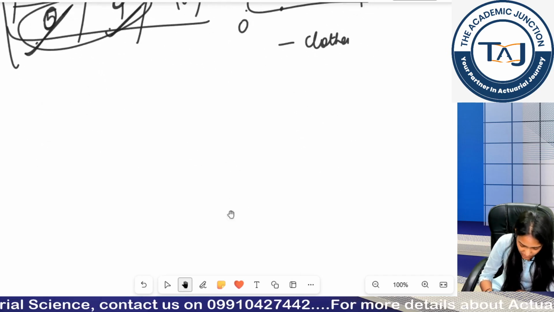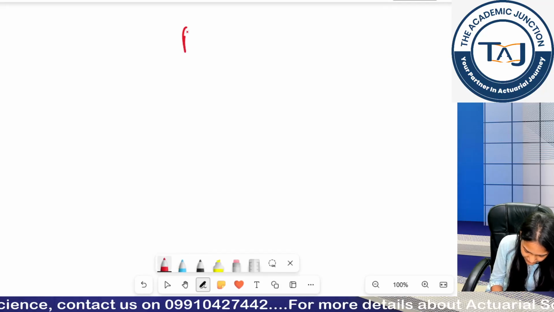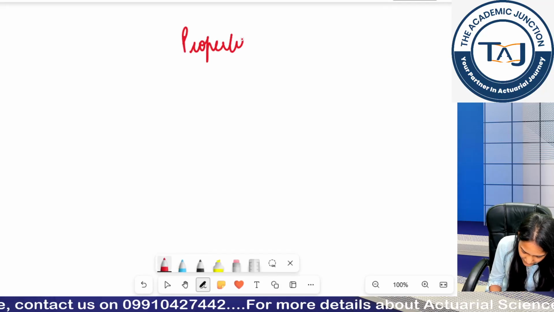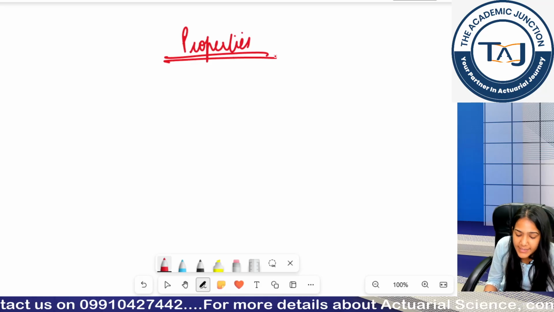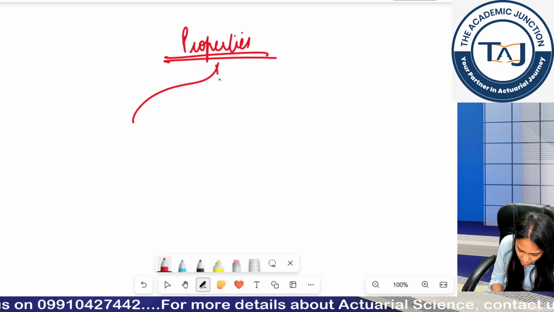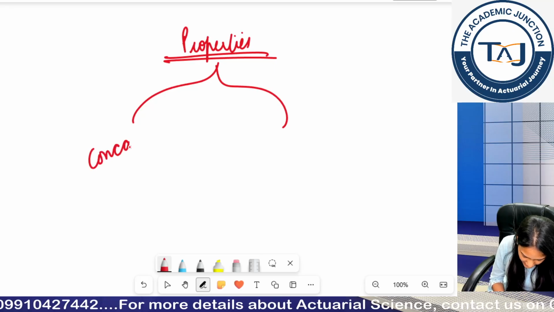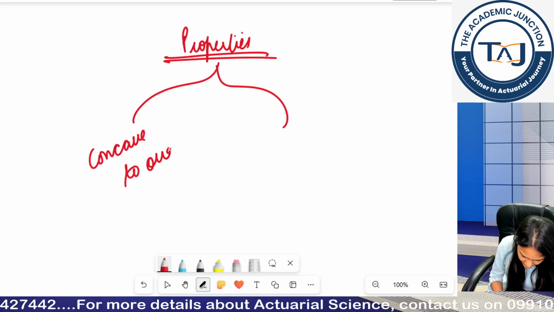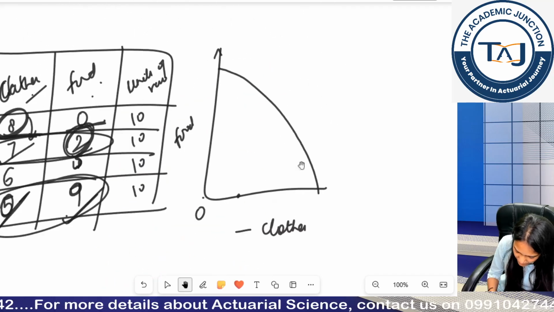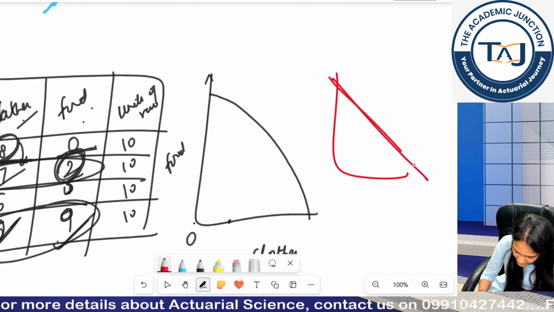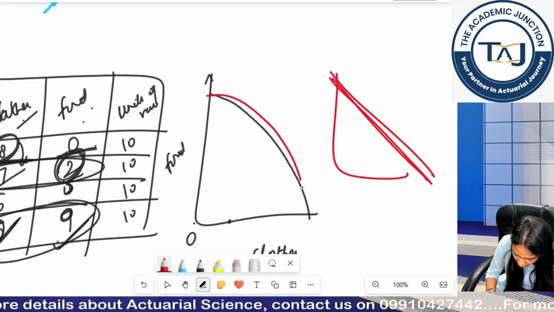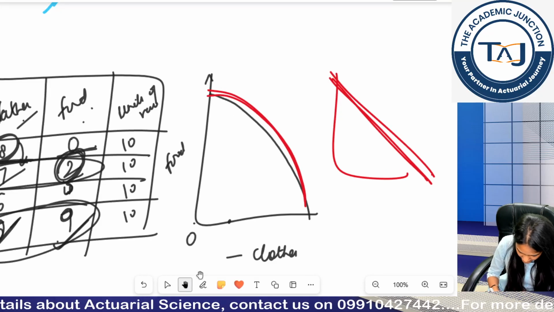Okay, now coming to the properties of PPC, which make a major question. There are two properties: concave to origin. As you can see, I have not made a downward sloping straight line, I made a concave graph, right.